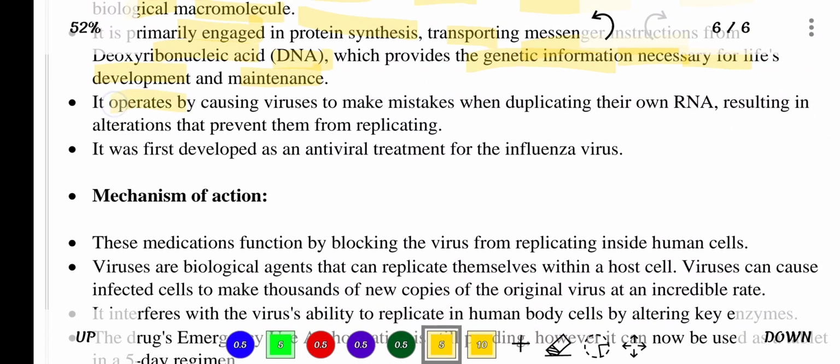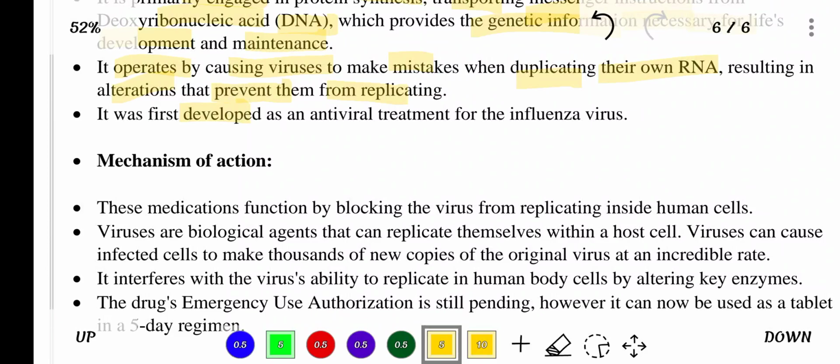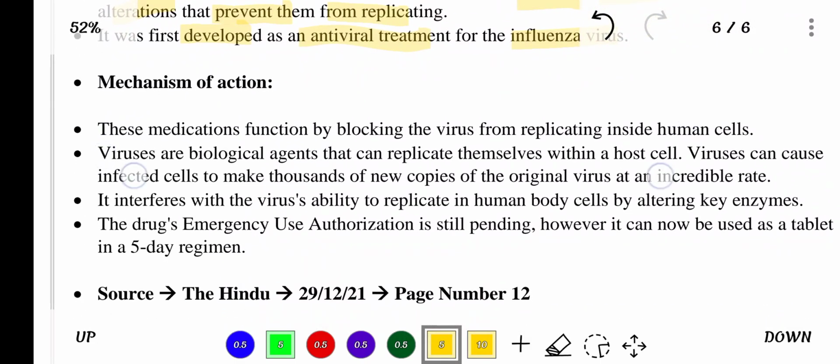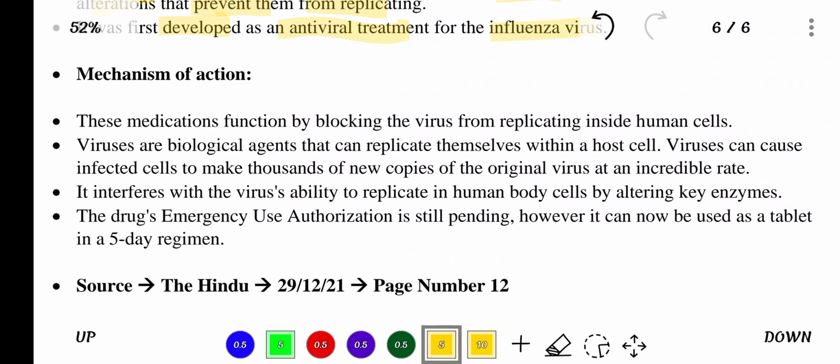It operates by causing viruses to make mistakes when duplicating their own RNA, resulting in alterations that prevent them from replicating. It was first developed as an antiviral treatment for the influenza virus. Now it will be used for the treatment of COVID-19.